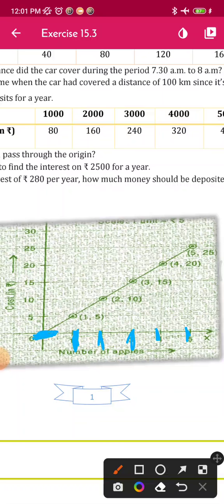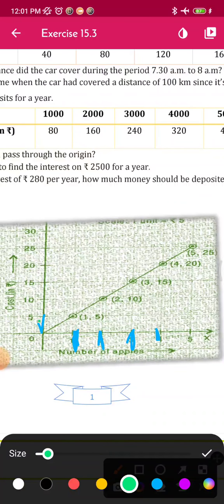In the y-axis, in one box I am writing 5, in the second 10, then 15, then 20. Why are we writing 5 in one box? That means we are taking the scale 1 unit equal to 5 rupees. The one big box shows 1 unit, so from here to here is equal to 5.